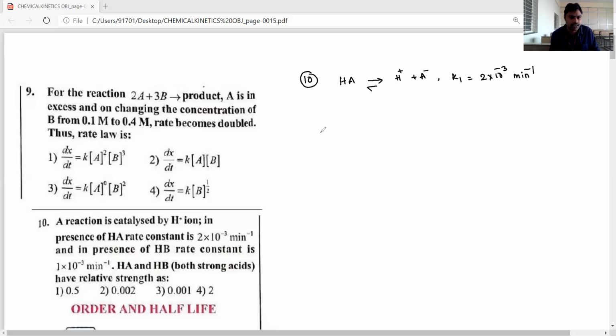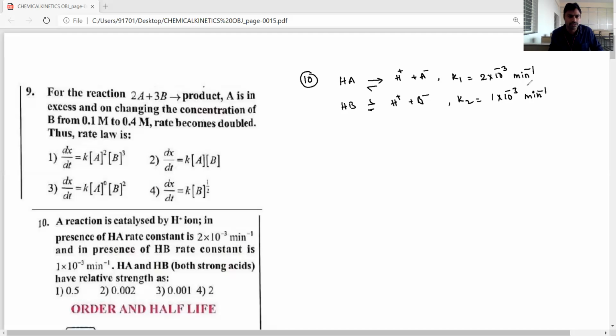And another reactant, HB, is converted into H plus plus B minus. Its rate constant K2 is 1 into 10 to the power of minus 3 minute inverse.